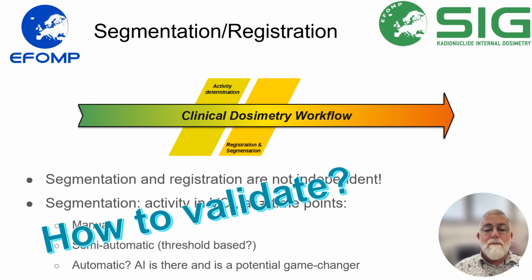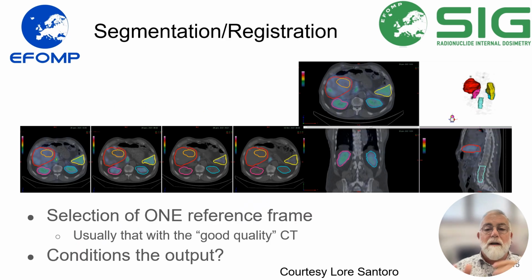So now obviously the question is how to validate it, and how come they are connected? And they are connected because usually what you're doing in clinical dosimetry, you're selecting one reference frame, and that reference frame is used to define all your volumes of interest. And then these volumes of interest are propagated from one time point to the next using the registration that was done previously.